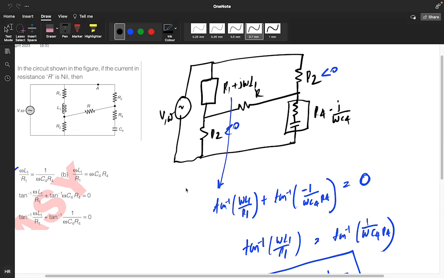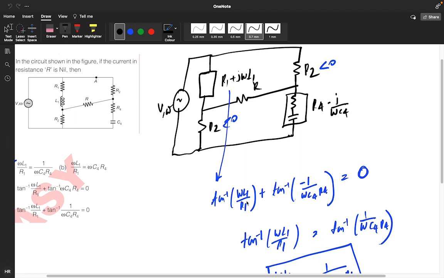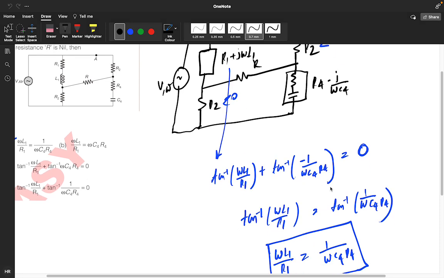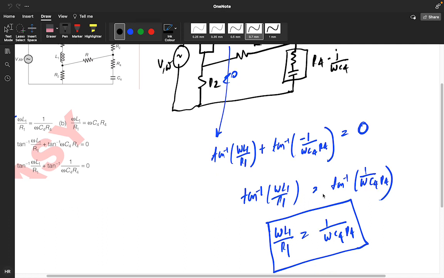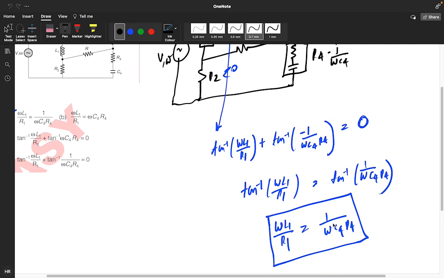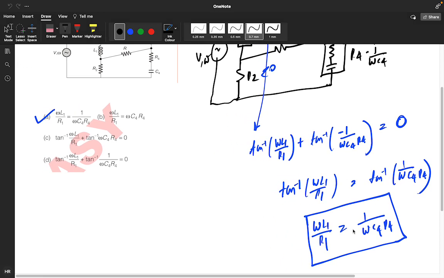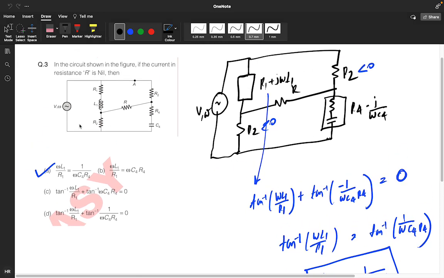So find the angle of this: tan inverse omega L1 by R1 plus tan inverse of minus 1 by omega C4 R4, and the angle of this is 0, angle of this is 0, so it should be equal to the summation. So you will get omega L1 by R1 is equal to 1 by omega C4 R4. So option A will be correct.